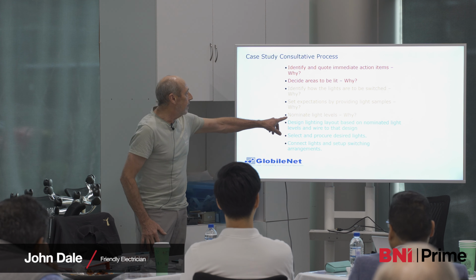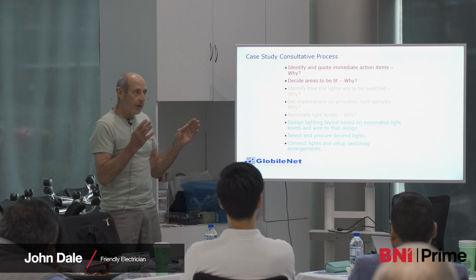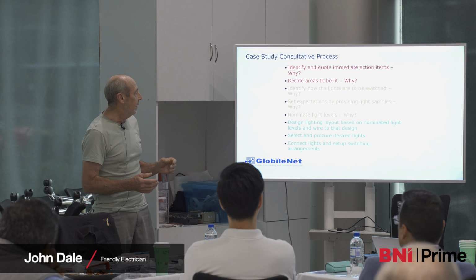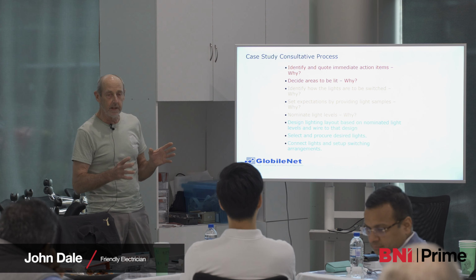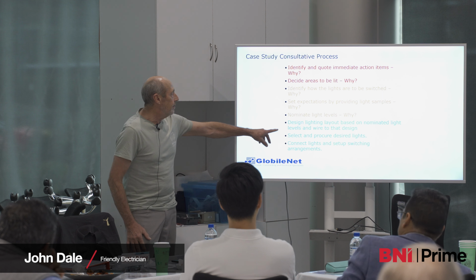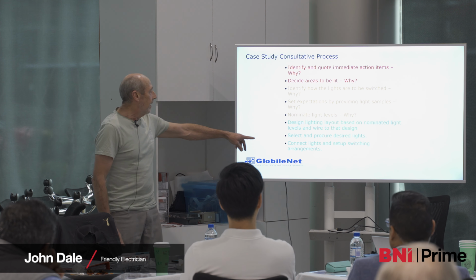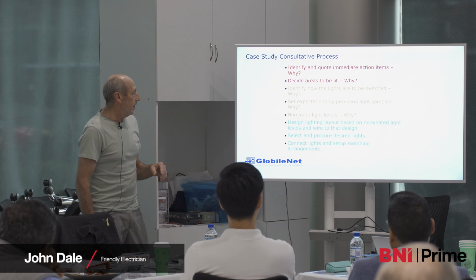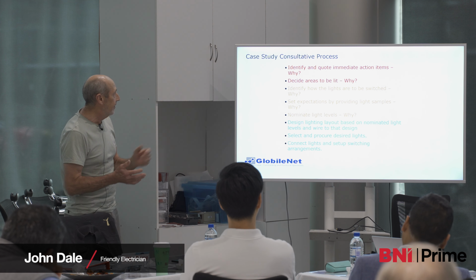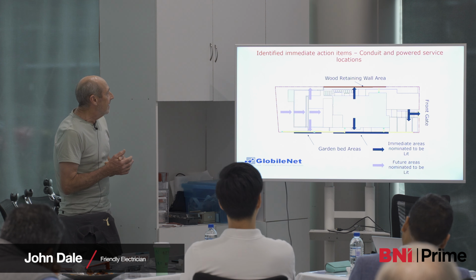And we nominate the light level. So do we have 10 in a row or do we have 5 in a row? Right, so that we know they're going to end up with the right light levels. And then we design the lighting based on the nominated light levels, select and procure the desired lights, connect the lights and set up the switching arrangements. Next slide, please.